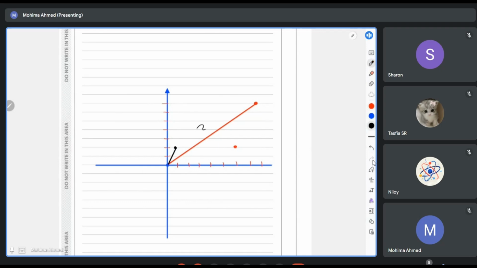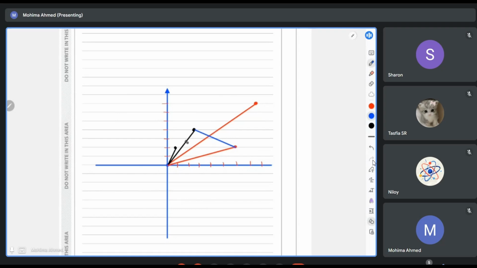Ship B might move and go to this part. You now have to find out the value of this BA from B to A, like how much distance ship A is from B. This length should be found out.